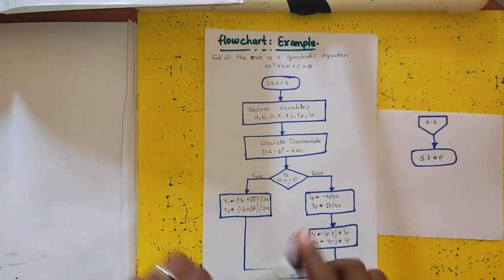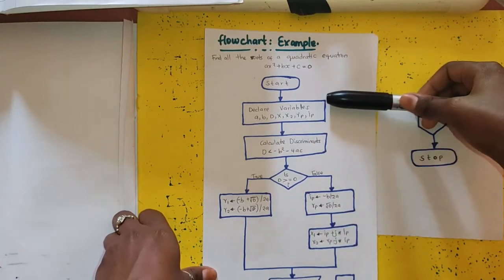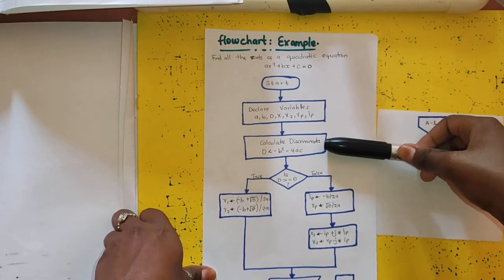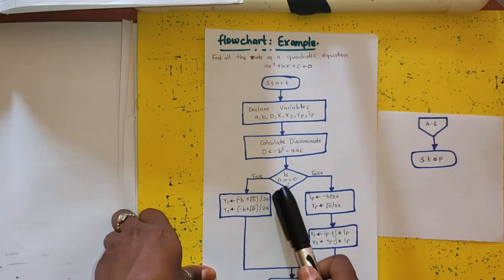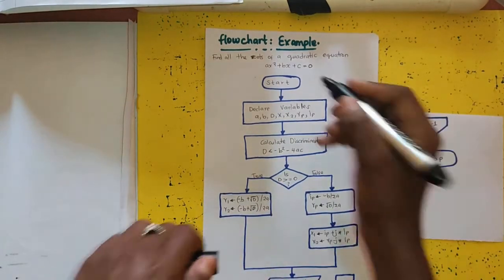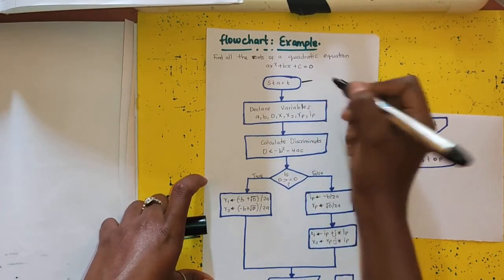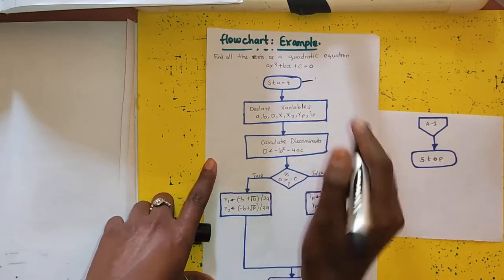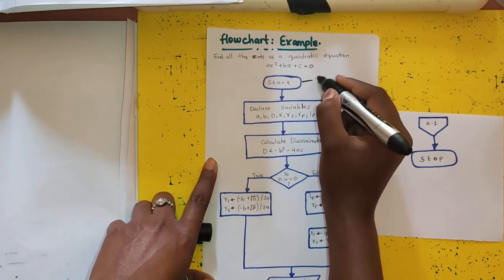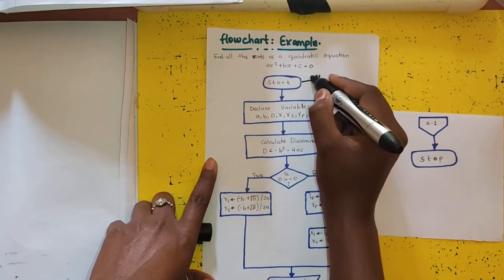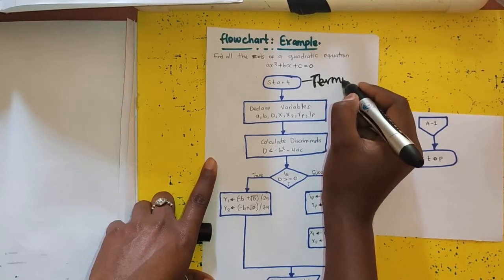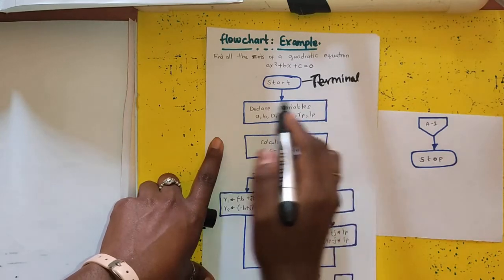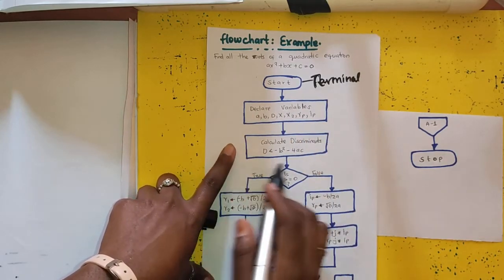Then we have this is processing. Then we have this, which represents data. This is not input or output, so this is processing. Sorry, it's not flow line. This is terminal, right? Then we have declaring variables and calculating.